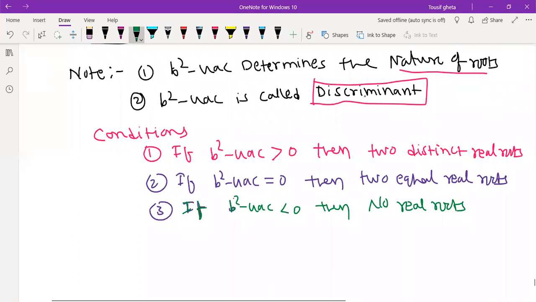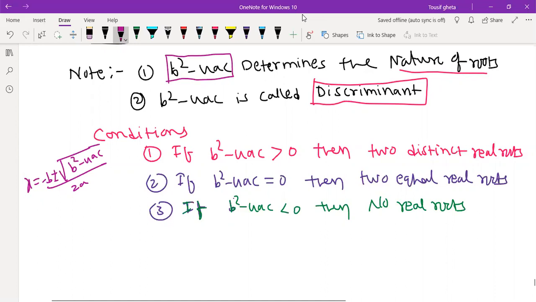Right, everybody, look at your screen. To find the nature of roots depends on b square minus 4ac. You know the formula, x is equal to minus b plus or minus root of b square minus 4ac, whole divided by 2a.